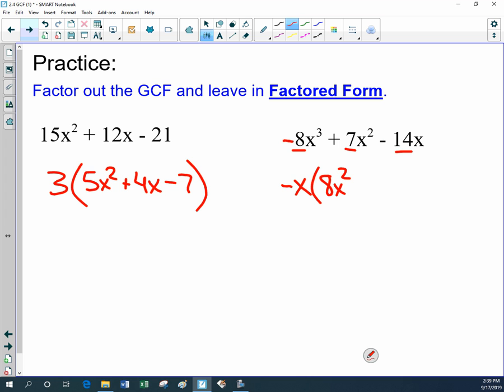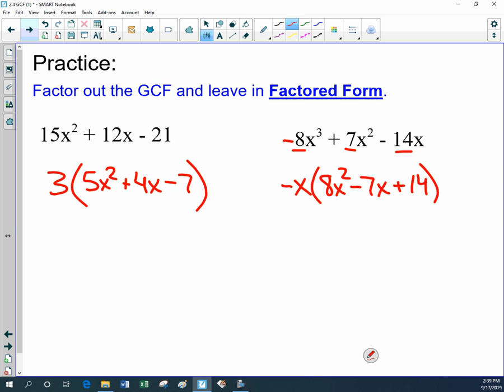The next term, 7x squared, change the sign, so it'd be negative 7x. So we factored 1x out, so it's just x to the first. And then the last term, negative 14x, change the sign because we're factoring out the negative, and this would be positive 14. No x because we factored out the x.